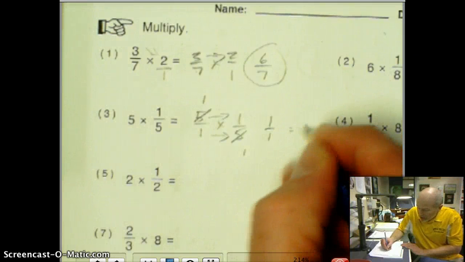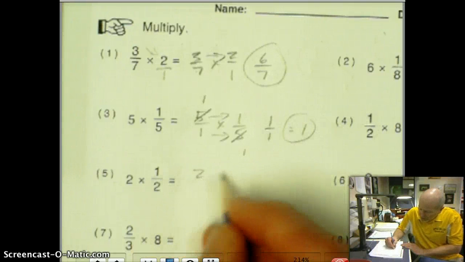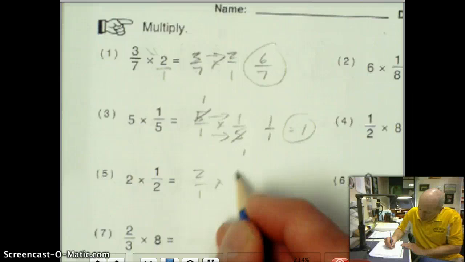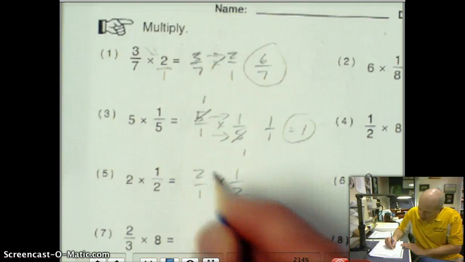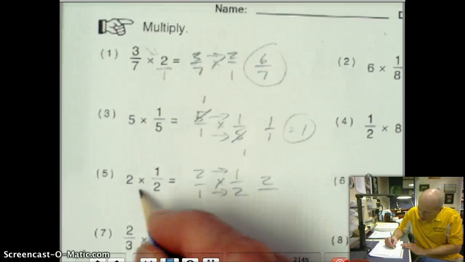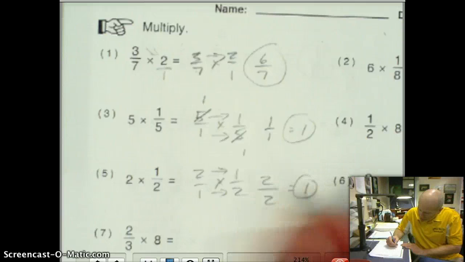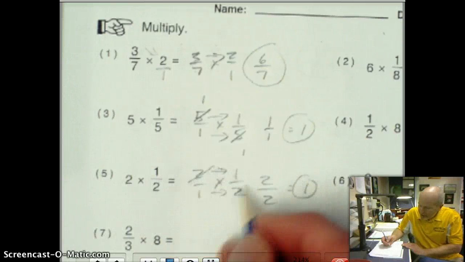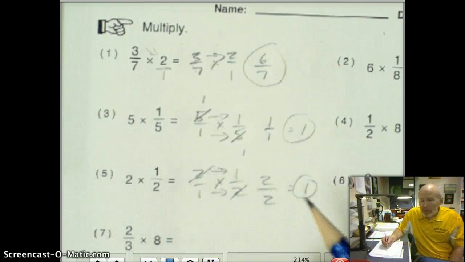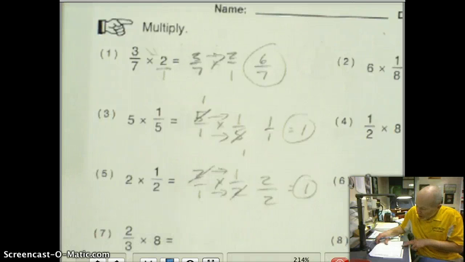It equals 1. 2 times 1/2, 2 over 1 times 1/2. Multiply straight across. 2 times 1 is 2. 1 times 2 is 2. This also equals 1. I could have crossed out though, right? So I'm hoping that on this worksheet with a bunch of problems you can practice doing some reducing before you actually multiply.